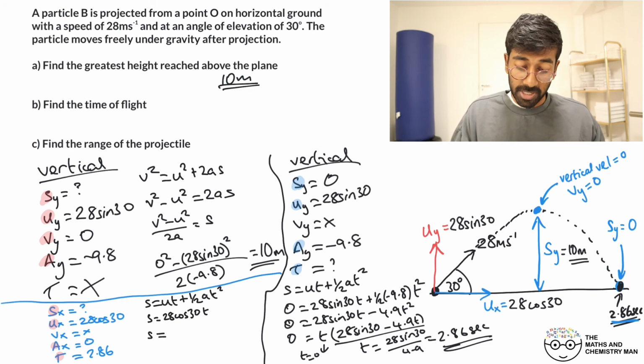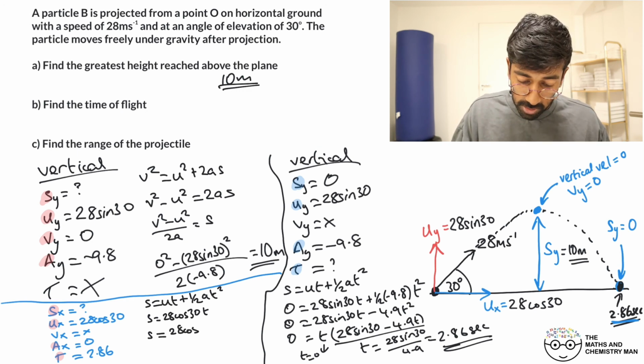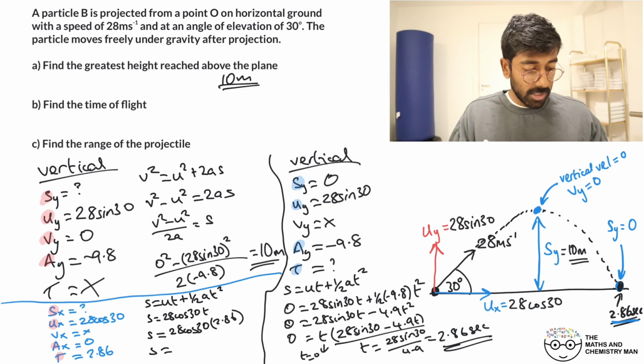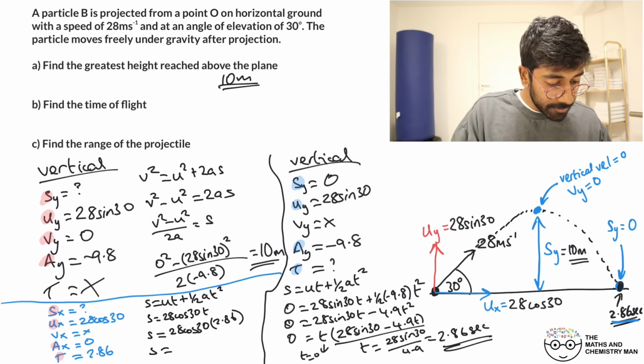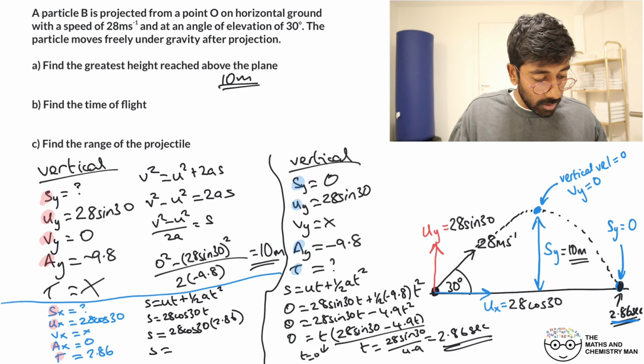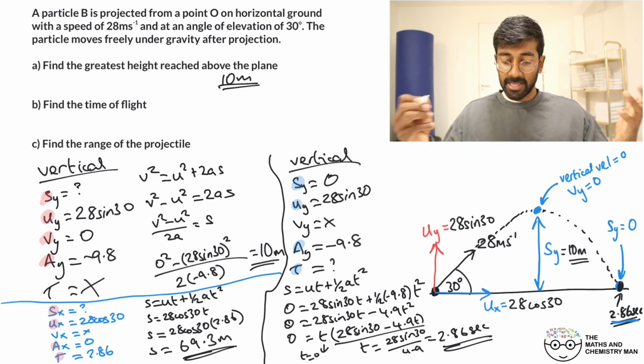All we've got to do is punch this in. That's going to be 28 cos 30 times 2.86. So what does that equal? Let's do that real quickly. That comes out as, we'll go 3 sig fig, 69.3 meters. And there it is.